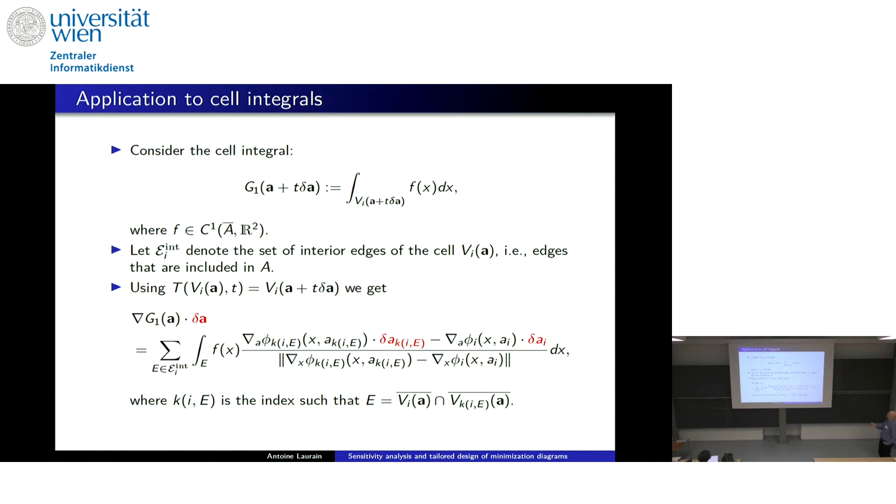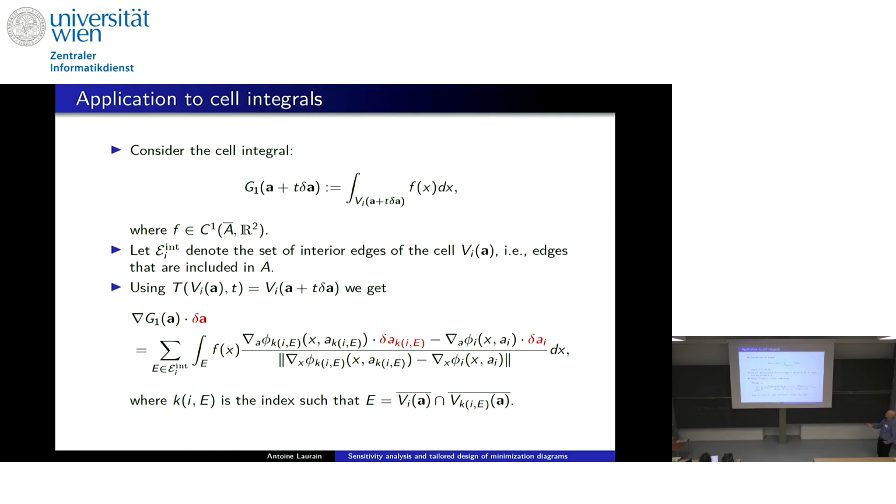Okay, so let me just show you a more concrete application. Let's say you have a cell integral, which is a volume integral with a perturbation, so you make a small perturbation of your control parameter A. So there's no PDE involved, it's the function f, just like in the previous talk.